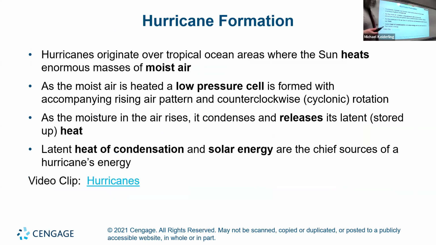Hurricanes occur over tropical ocean areas where the sun heats enormous masses of moist air, which is why they tend to occur in late summer, early fall, when the surface of the ocean is the warmest. As this moist air gets heated, you get a low pressure cell formed with an accompanying rising air pattern and counterclockwise cyclonic rotation in the northern hemisphere.